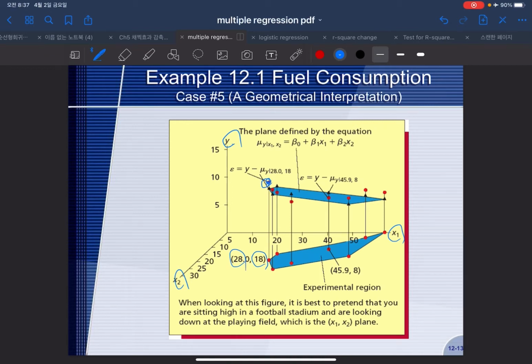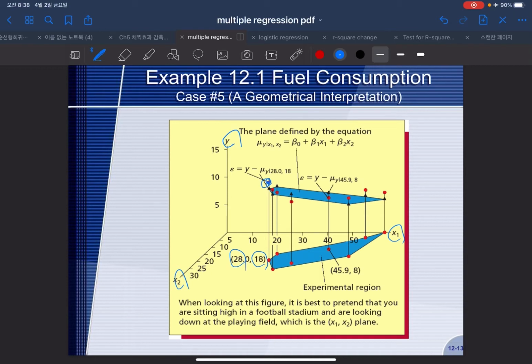In case of multiple regression, finding the relationship between independent variables and the dependent variable is to find a plane in this case, not the line, right? Because it's three-dimensional, so we want to find a plane which goes through the data points, right? And the basic idea of finding the best plane is just like the simple regression case.